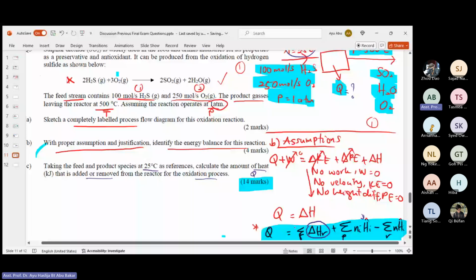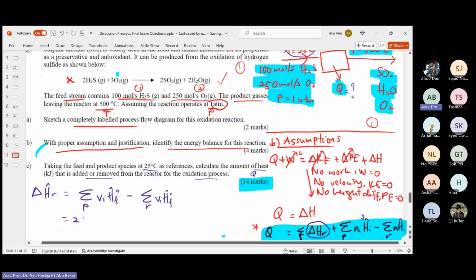So calculate the HR for the reaction, which involves using heat of formation. Okay, the products are SO2 and H2O.